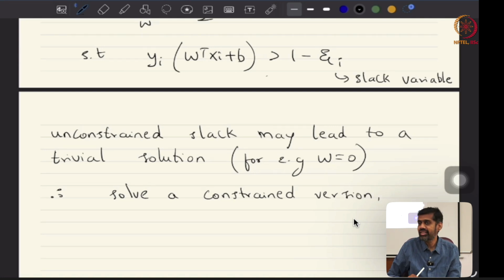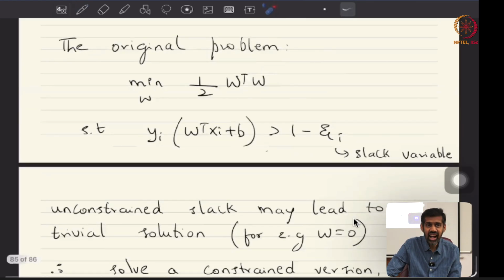Can you tell me what the constraints have to be? So we have to place some constraint on this xi. What can be a constraint? What do we want slacks to be? Yeah, minimum, right? We need as few slack variables as possible.